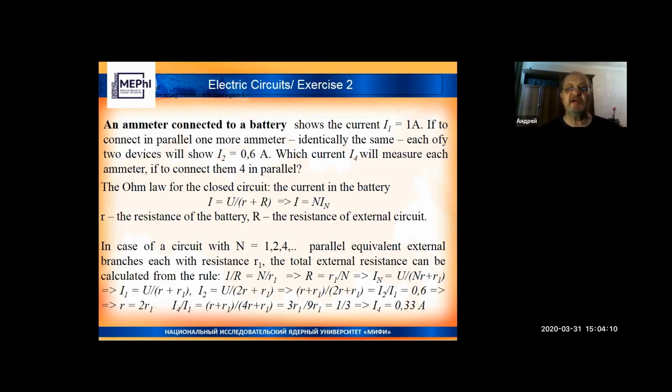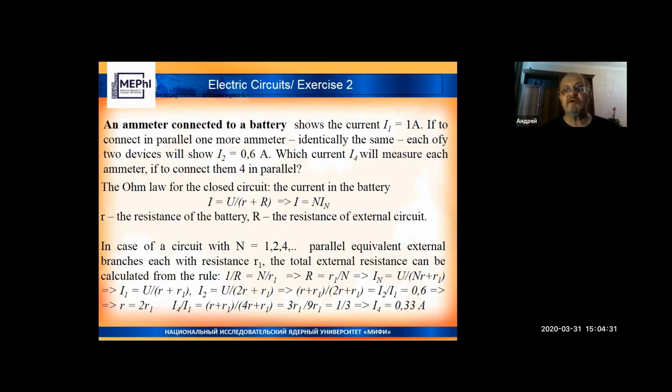In order to find the answer, you should know the Ohm law for the closed circuit. Closed circuit means the element producing voltage, the battery, and something which makes this circuit closed, some external part of the circuit.